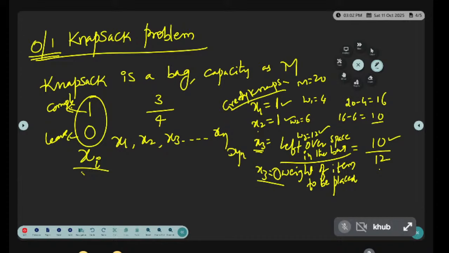So here also for the knapsack problem, the mathematical representation or mathematical notation is as follows.